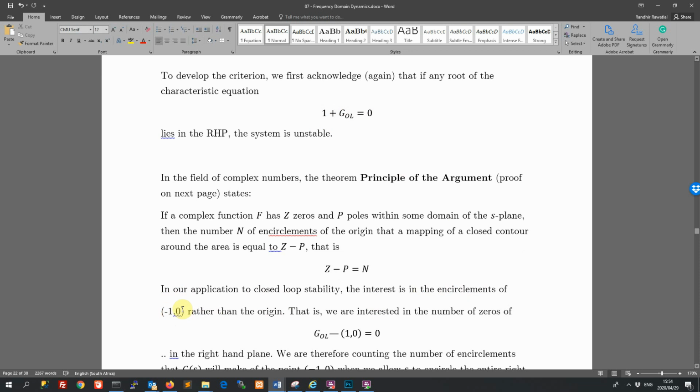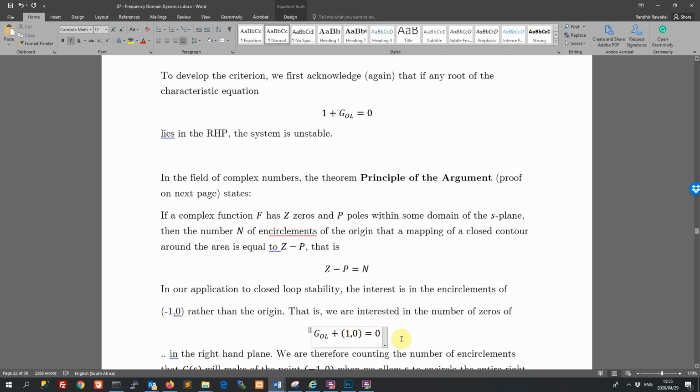And that's because we want to know how many zeros we have of this function. Right, if I'm writing it as a plus 1 there. So if we have 1 plus G open loop equals 0, then this is the point of interest.